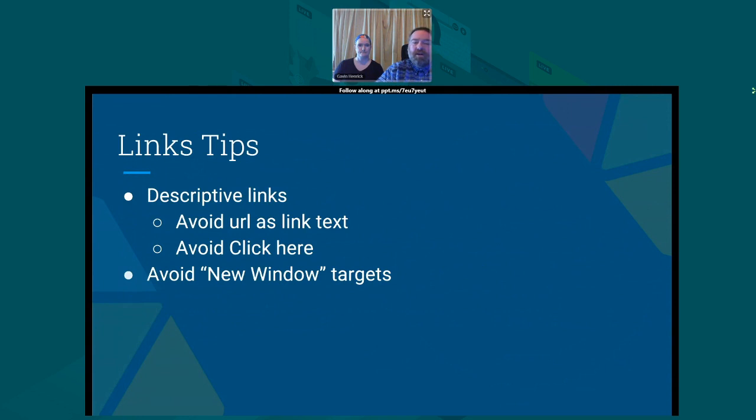So with links, and we'll show you later some funky stuff with links, it's really important to have a descriptive link. How many times do you find click here, or see a URL such as www.bbc.com or whatever it might be as the actual text for the link? And I've given you a hint there about one of the reasons why having a URL there is bad.